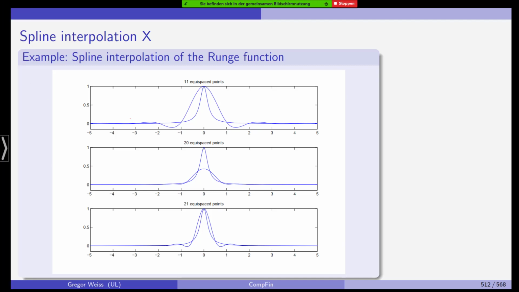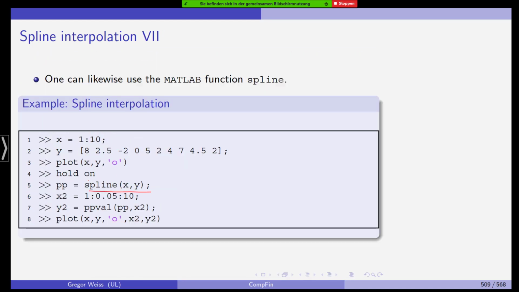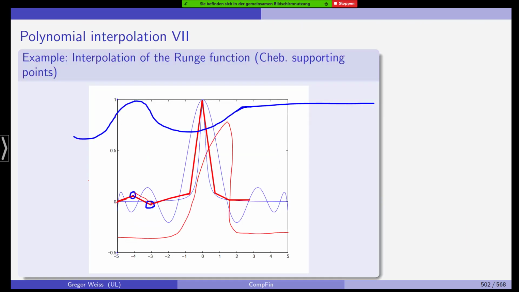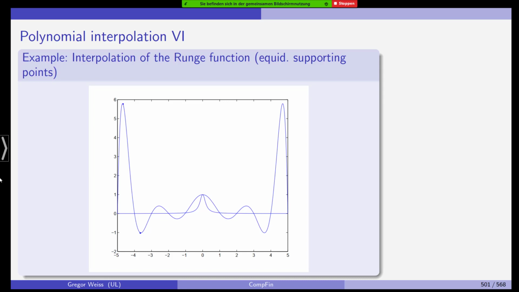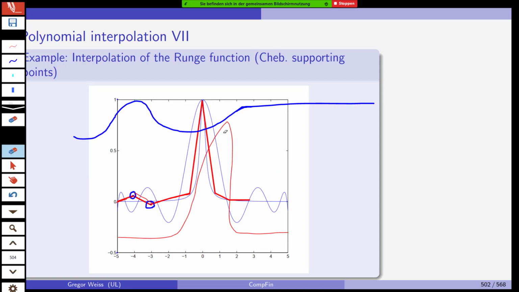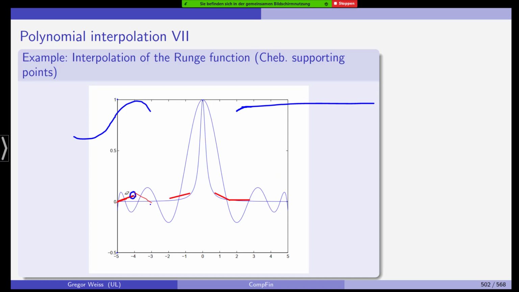First thing you need to see, if you remember, where was the polynomial approximation? This was even the better version using the Chebyshev supporting points.